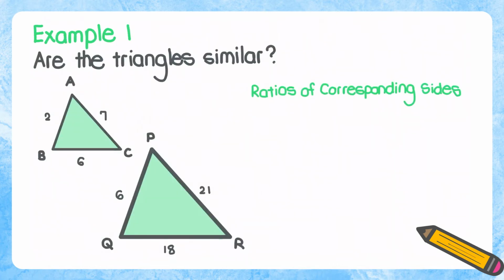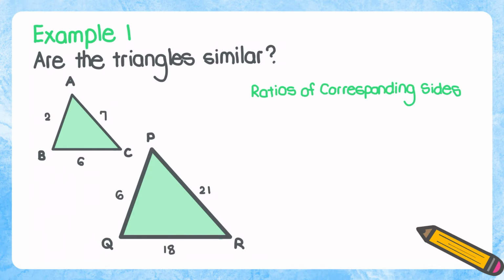For these examples, we'll be determining whether or not the triangles are similar by using the SSS similarity theorem. So here I have triangles ABC and PQR, and we're given side lengths. Remember to draw these as accurately as possible in your notebook.